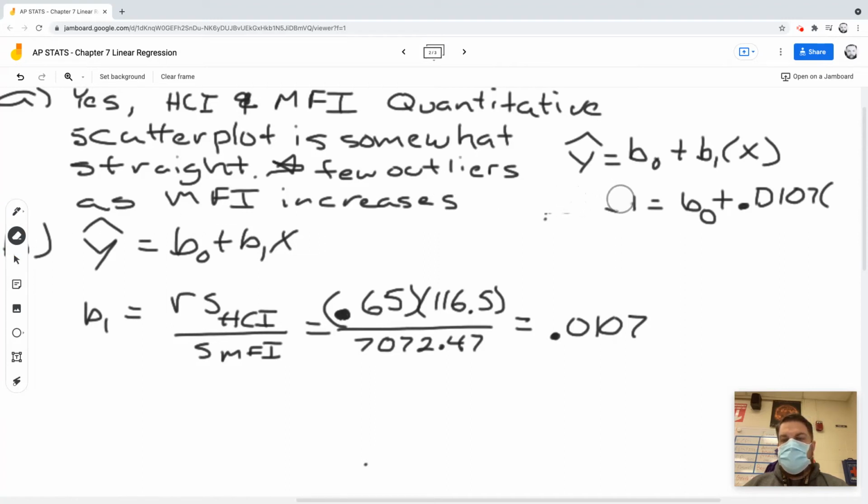This goes in here for x because that's the median income. This is 338, and I'll go back. You can't see it on the screen, but this is just from the data that they gave us in the problem.